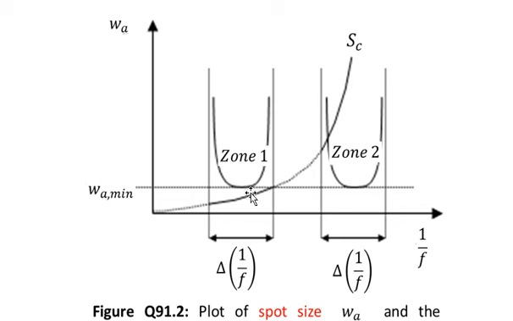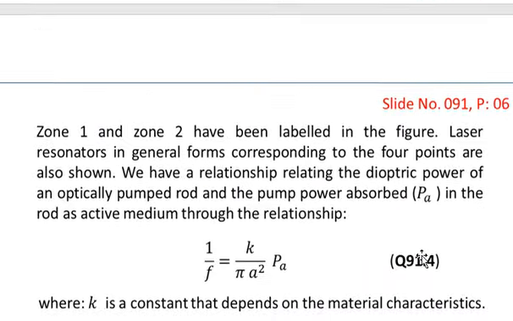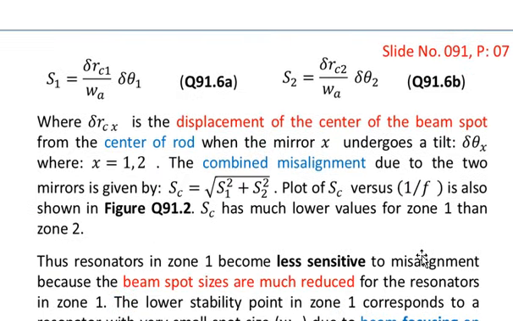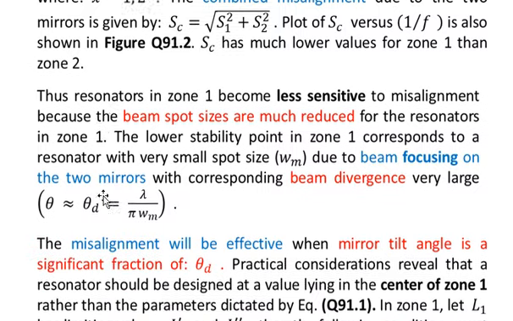We have plotted SC, the combined misalignment due to two mirrors, as a function of the dioptric power of the lens. The plot of SC versus 1 over F is shown in figure 2. SC has much lower values for zone 1 than zone 2.